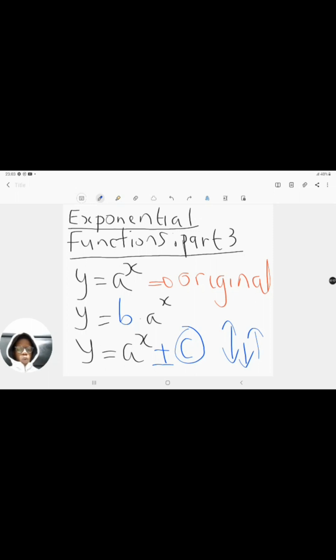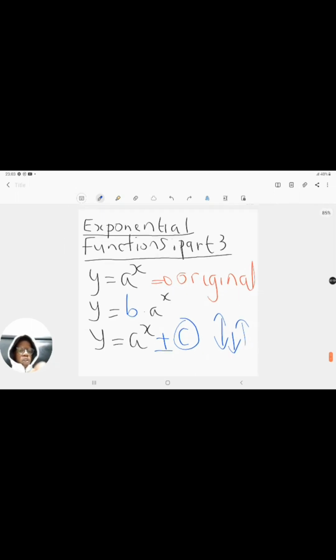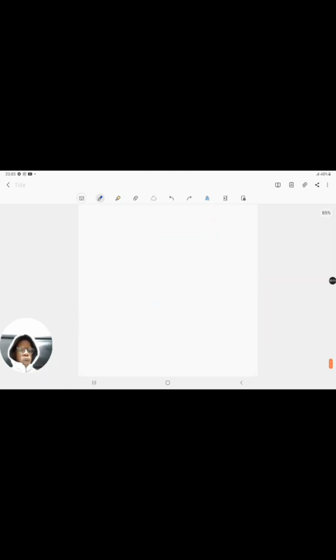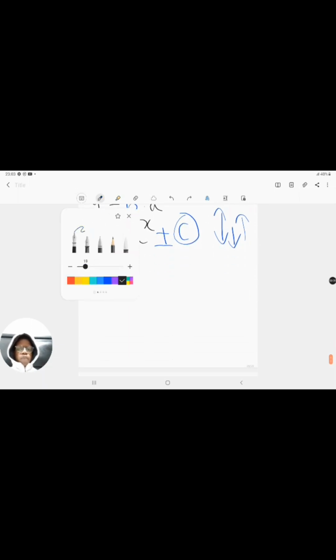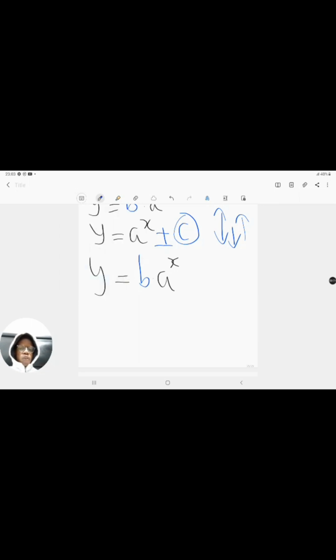And we also looked at a combination of the two, where we had y is equal to b times a to the power of x, plus or minus c. This was in the form of an example that we looked at in a previous video.